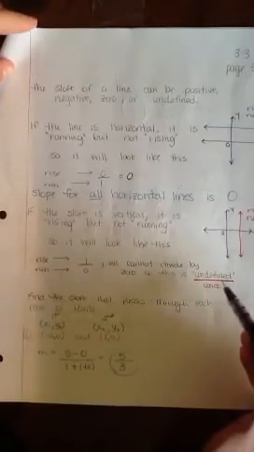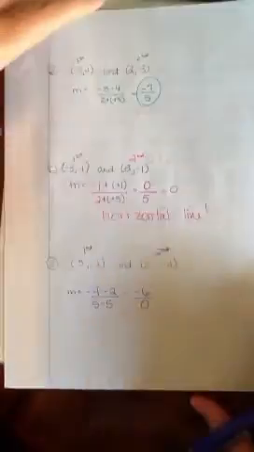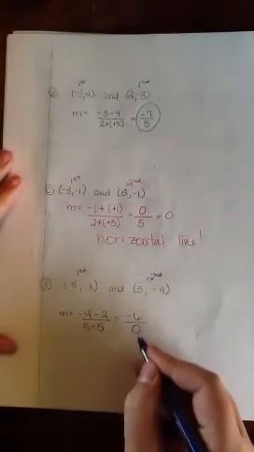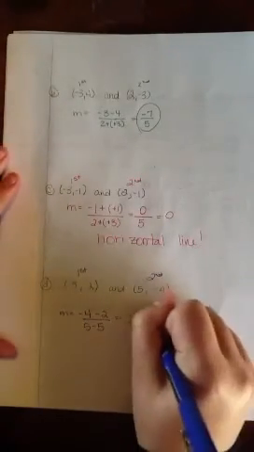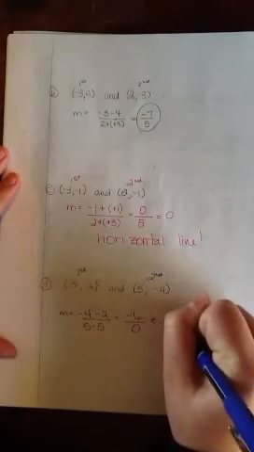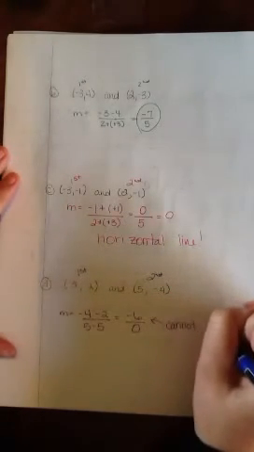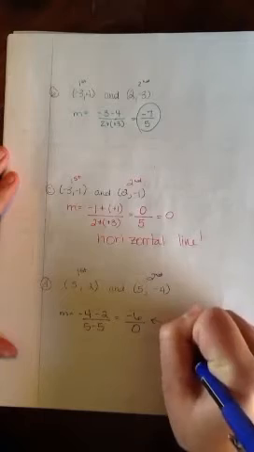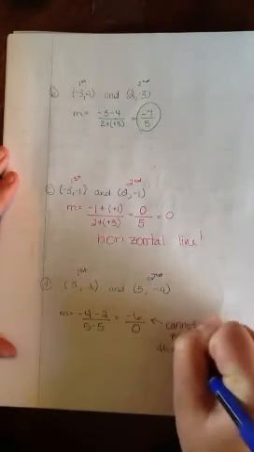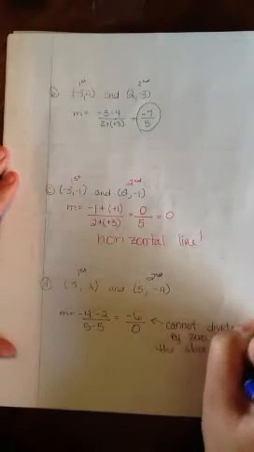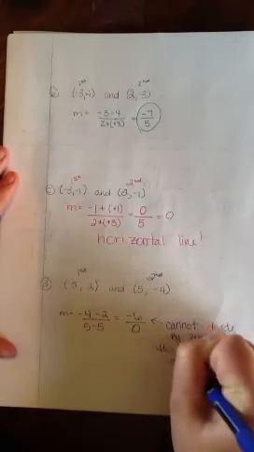So it is a line, but its slope is undefined. So we won't write 0, we will just write, hold on one second. Here, we're not going to say -6 divided by 0 is 0, because that's not true. We're going to say cannot divide by 0, so the slope is undefined.